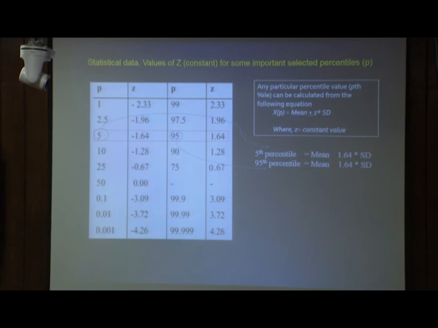Similarly, for the 75th percentile value, we calculate mean plus 0.67 times the standard deviation. Then we will get the 75th percentile value.